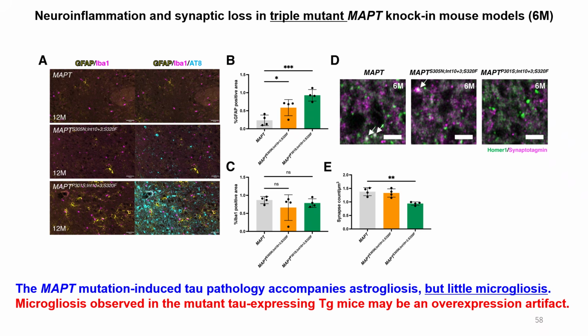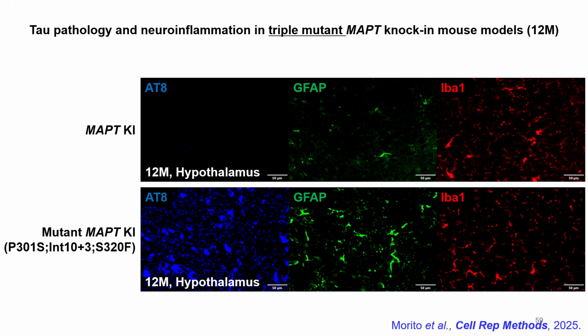The MAPT mutation-induced tau pathology accompanies significant astrogliosis at 6 months, but very little microgliosis. Thus, microgliosis observed in the mutant tau overexpressing transgenic mice may be an overexpression artifact. Even at 12 months, these triple mutants do not exhibit significant microgliosis.